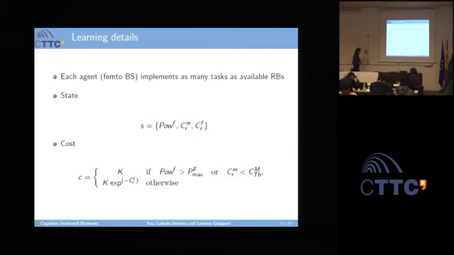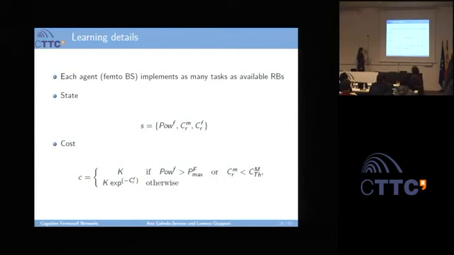And the cost function is as follows. We will have a high cost value if the total transmission power is above the threshold, which we set at 10 dBm following the BeFEMTO project requirements. And it will also have a high cost value if the capacity at the macro user is below the threshold.